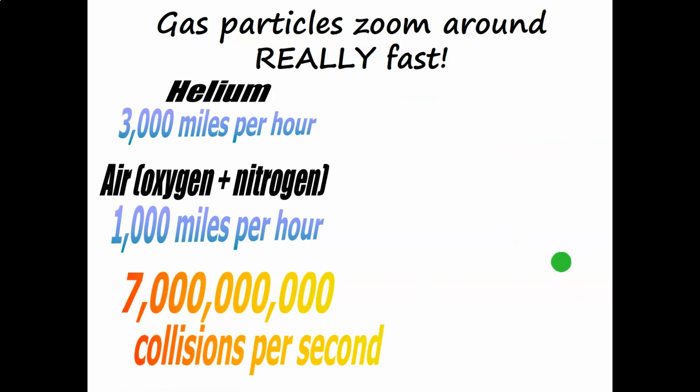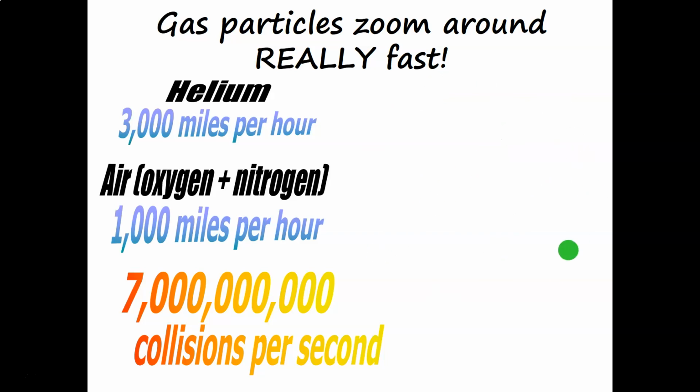there are so many collisions per second. You are being hit over and over and over, bazillions of times, by air molecules. If you got hit by a car going 1,000 miles an hour, obviously that would not be good, right? But an oxygen molecule or a nitrogen molecule or a helium atom is so small that even though it's hitting you very hard, there's not much force behind it.